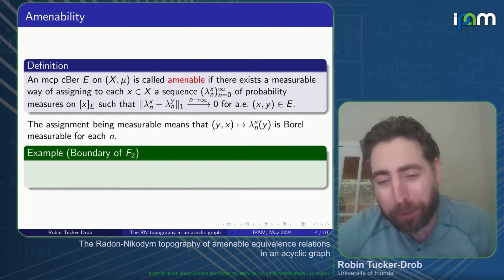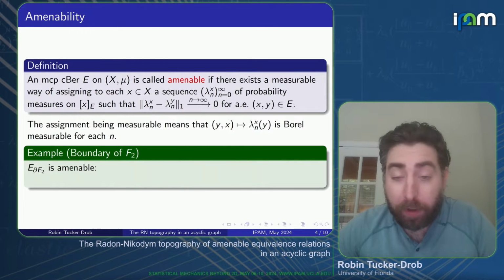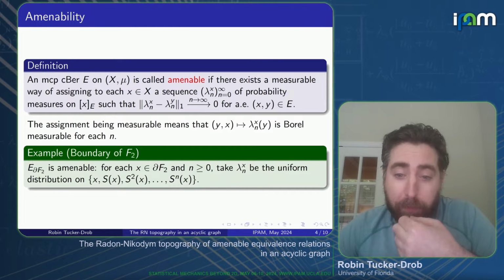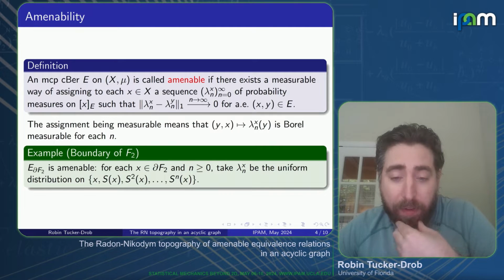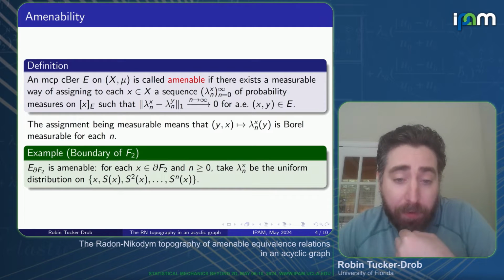All right, so going back to our example of the boundary of the free group, this equivalence relation is amenable, and to witness it, for each x, we can look at the sequence of probability measures just coming from taking the uniform distribution on x and its n forward iterates under the shift map.